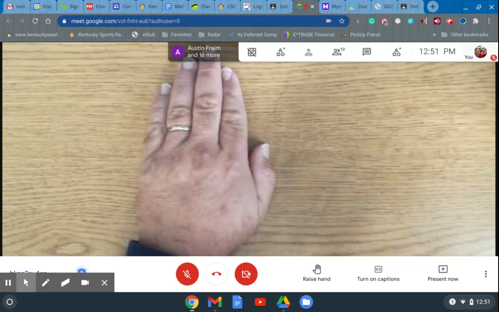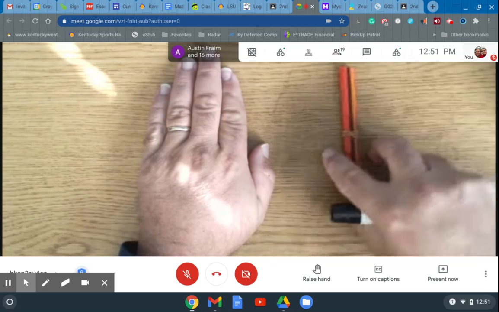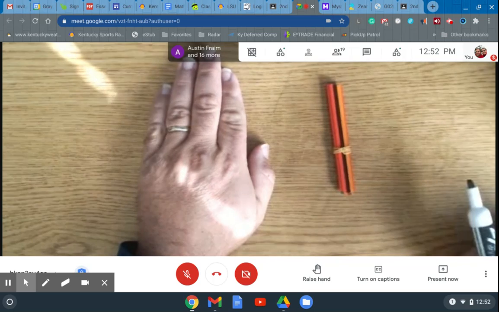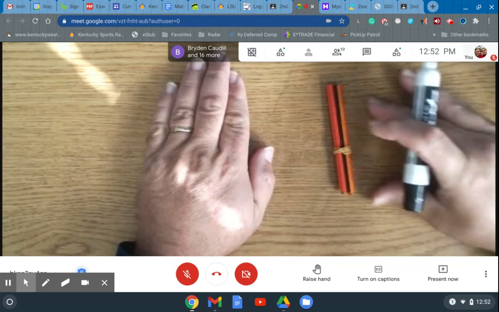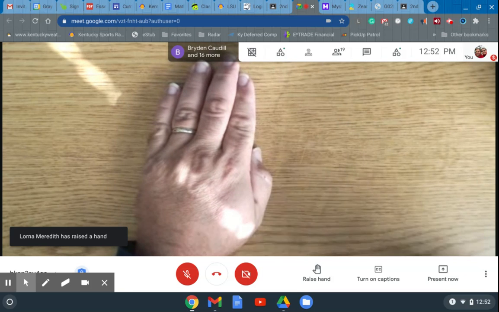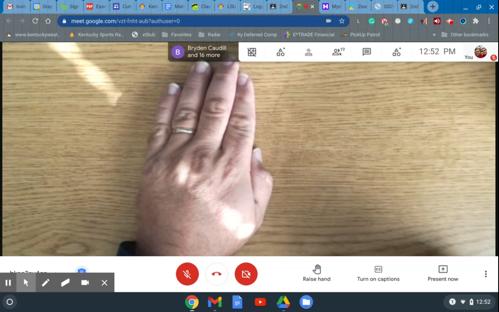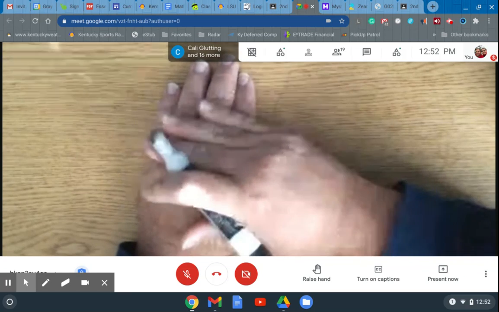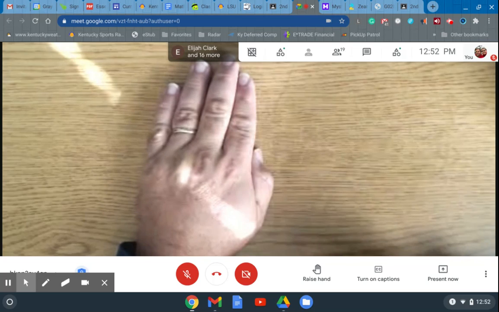And I'm going to add another 10. And I'm going to slide it under here. Let's see how we do with this screen task. I want to know how much I have under my hand now.